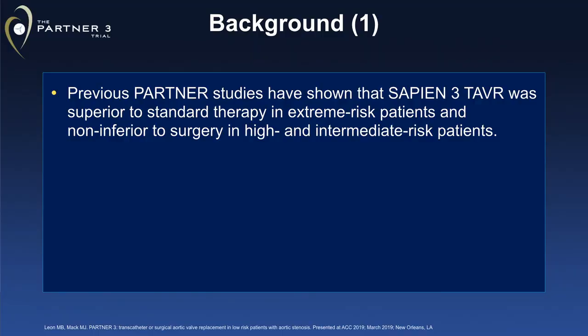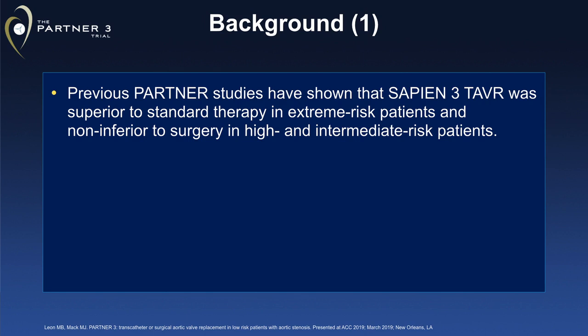We go through the groin and we deliver a valve through a catheter into the heart and avoid open heart surgery. This was studied predominantly with the Edwards-SAPIEN valve, which is the major valve player in this procedure, through the PARTNER trials. Previous PARTNER studies showed that this Edwards-SAPIEN valve was superior to standard therapy in extreme risk patients.